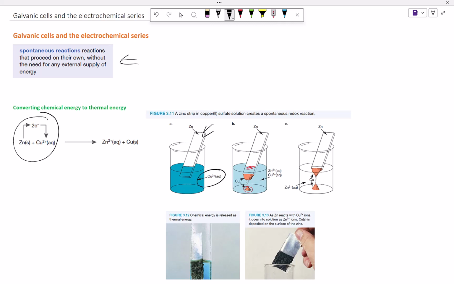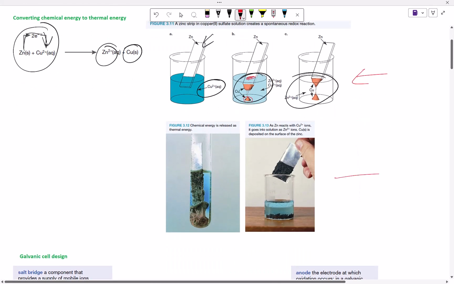When they're together, the zinc will donate 2 electrons to the copper, and the result is the zinc, because it's released those 2 electrons, forms zinc 2+, and you've got copper metal left over. That's what's happening in that example, and this is shown diagrammatically. This is what the reality looks like here.